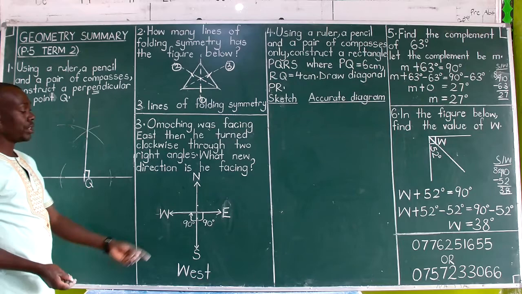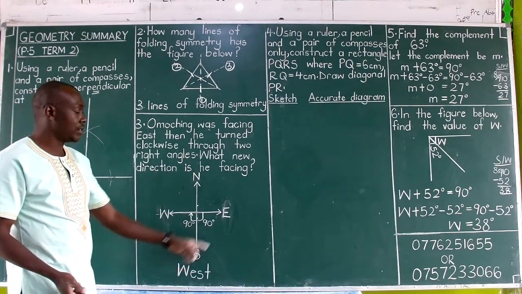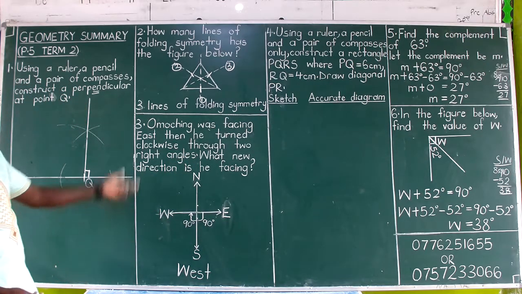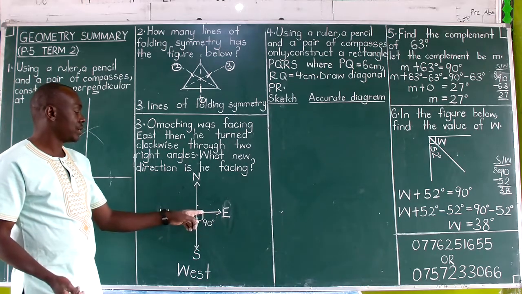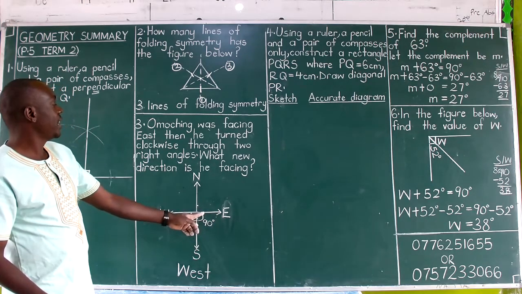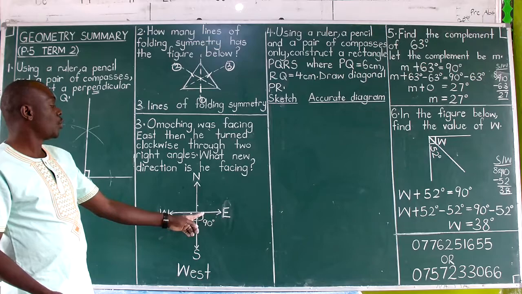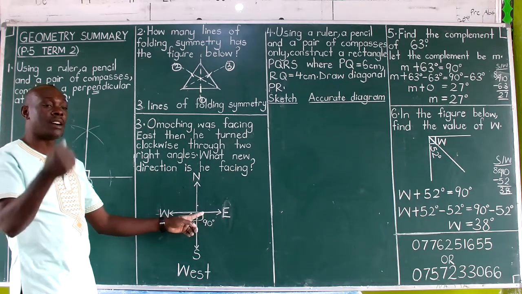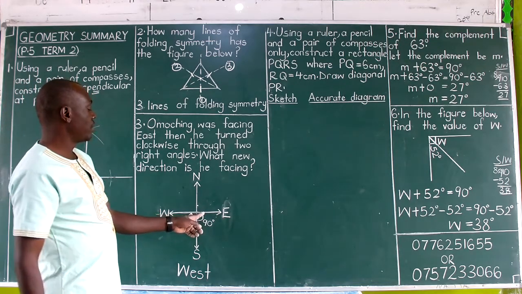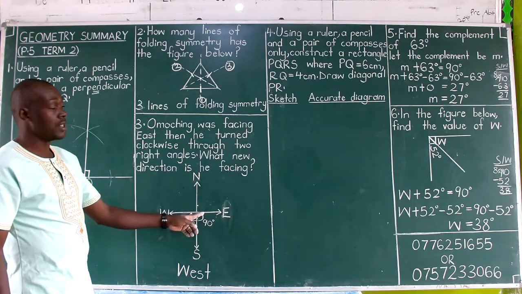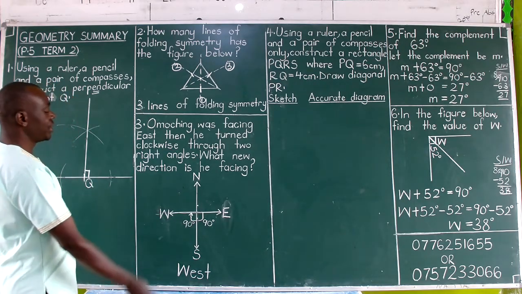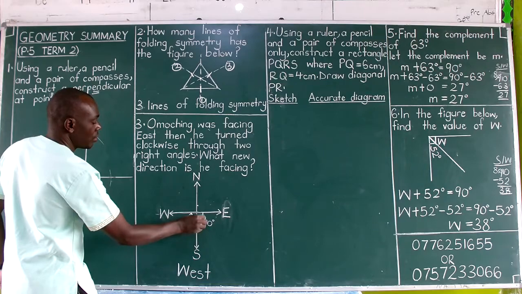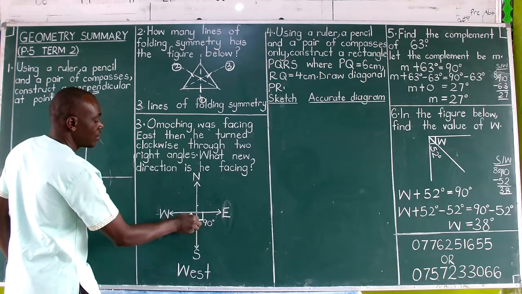Show these cardinal points properly: north, south, east, west. Then Omoching was facing east. You start from the east and then turn clockwise through 2 right angles. I said a right angle is that angle equivalent to 90 degrees, like I showed you in number 1. They are perpendicular. So this is the right angle. That's 1 right angle.